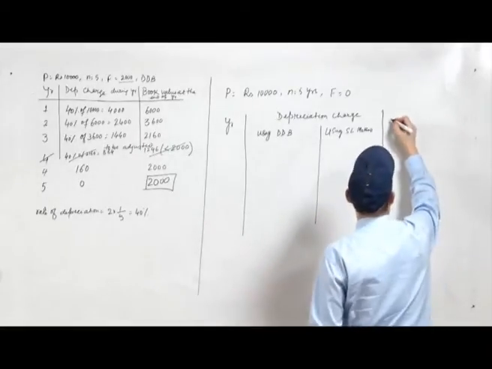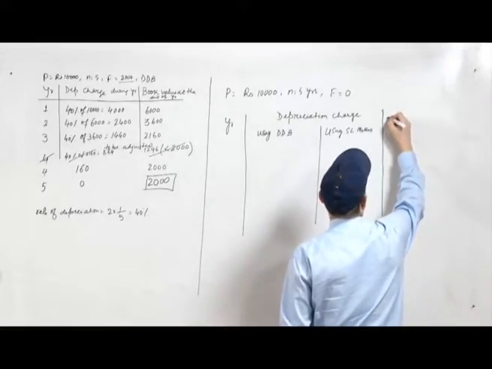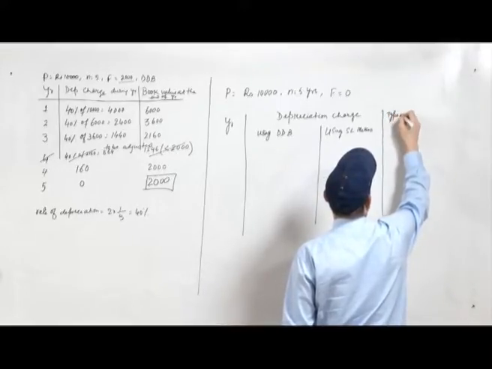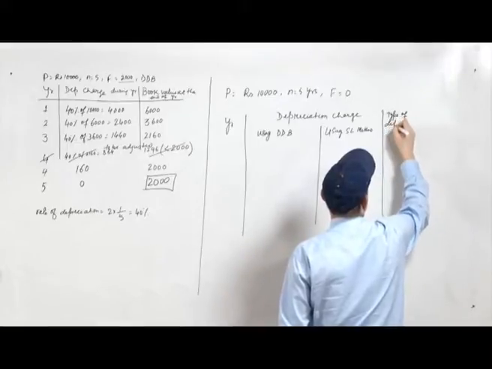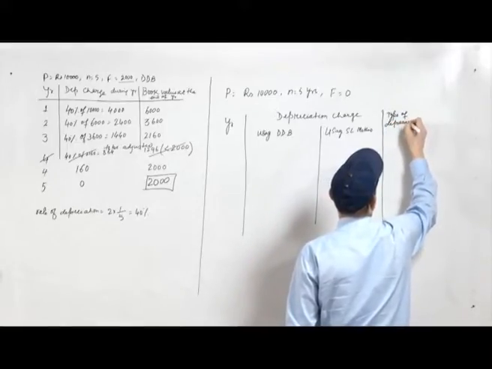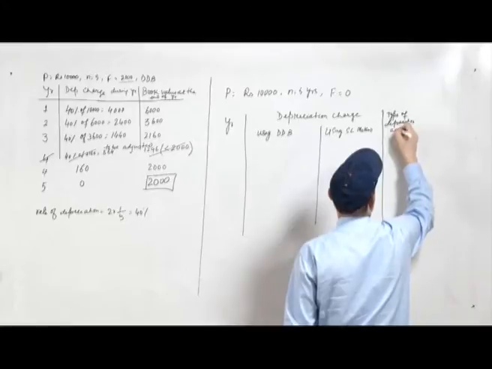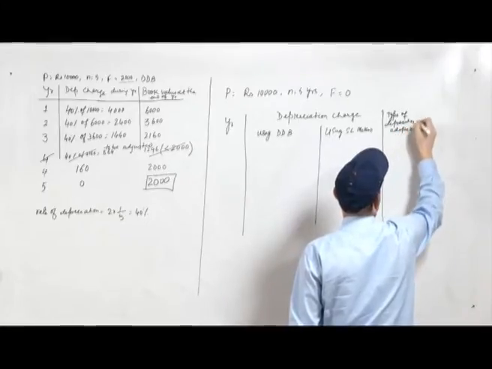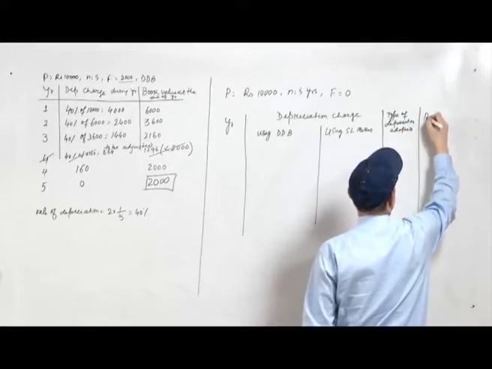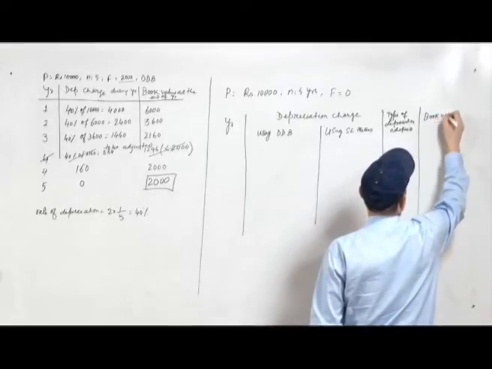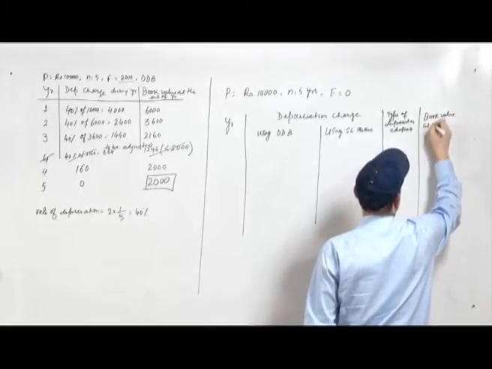Then you will find the type of depreciation adopted and your book value at the end of the year.